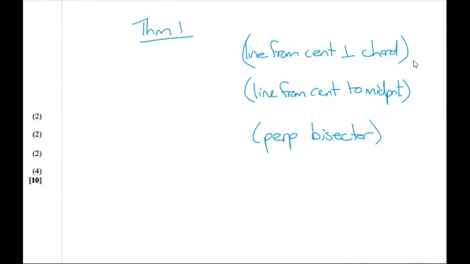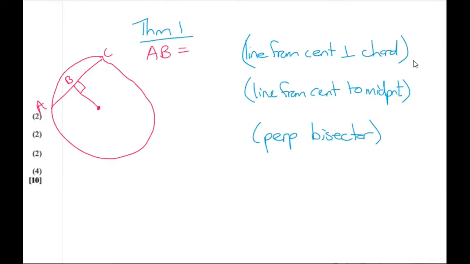Okay, so if I had a circle here, the first one, line from center perpendicular to chord. So there's my chord and I'm drawing it perpendicular, and my statement would be that AB is equal to BC. Okay, AB equal to BC.